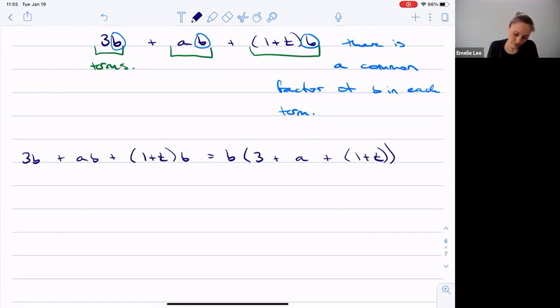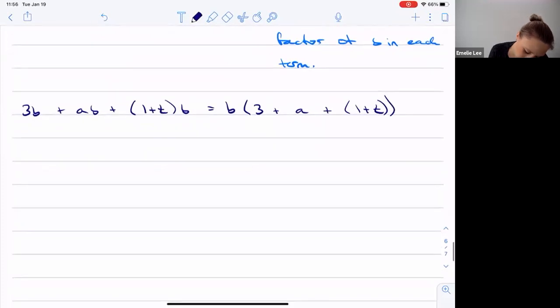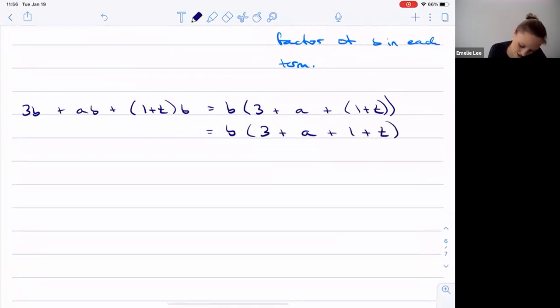Now I can eliminate these brackets because they're not actually doing anything. Brackets only do something if you're multiplying or dividing something on the outside. So we've got b times 3 plus a plus 1 plus t, which I can simplify.